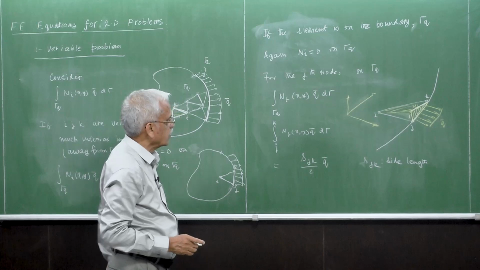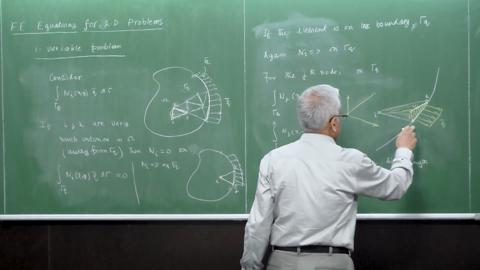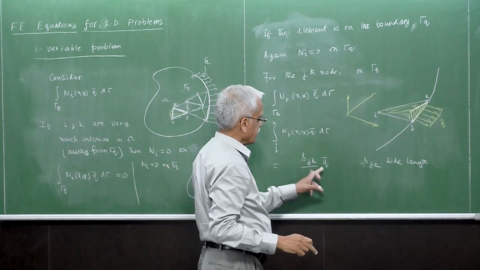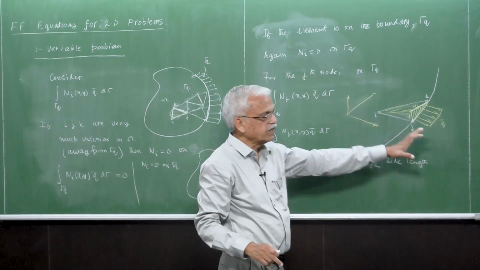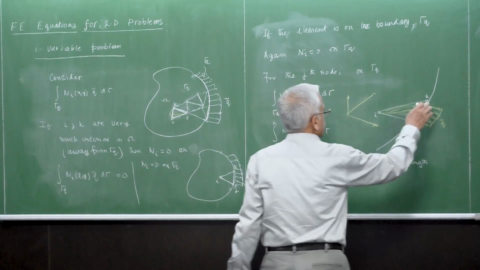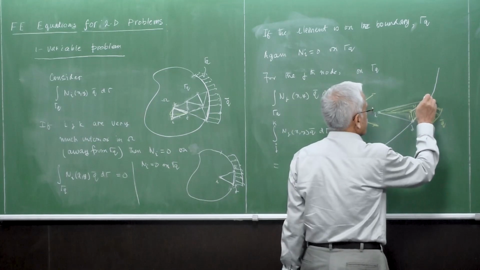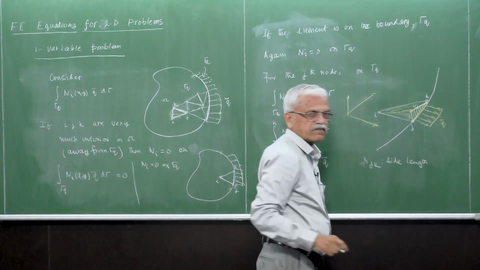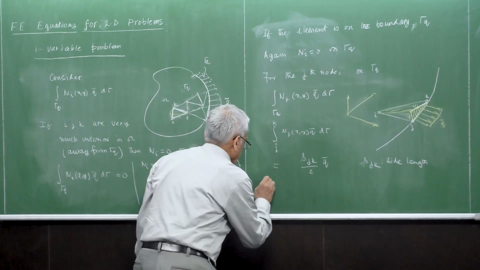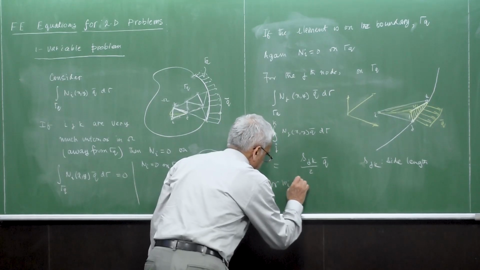Now if you are talking about the weighting function as Nj, then this contribution will come to be Sjk by 2 for this element. Remember, any element which is very much inside, there is no contribution. On the other hand, what about if you take the weighting function Wi equal to Nk?